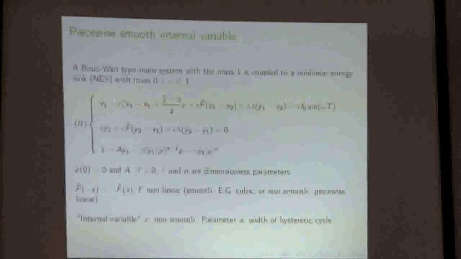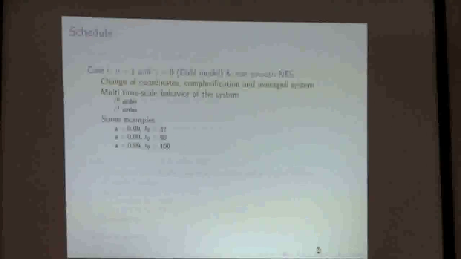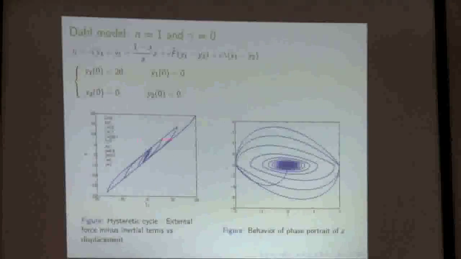Eta is simply everything except external forcing and inertial term. Eta is everything here. So if I plot this, you have some hysteretic behavior. It is an internal variable, another way to design hysteretic behavior by the so-called Bouc-Wen model.